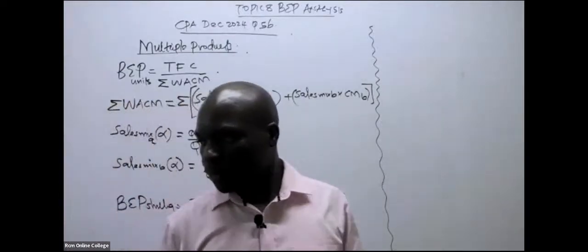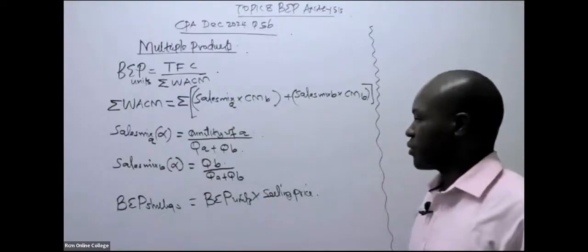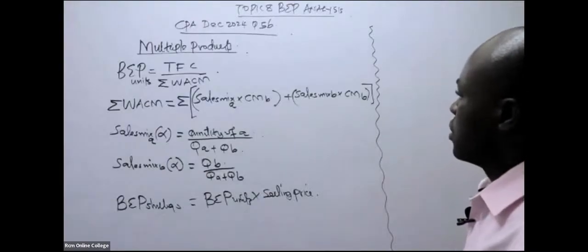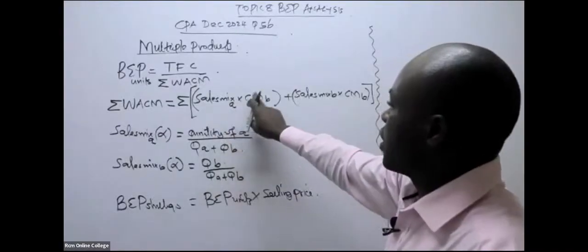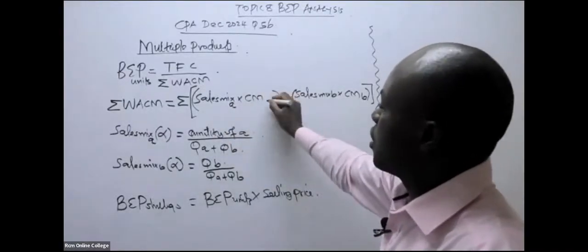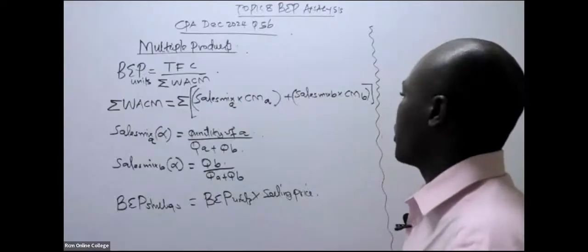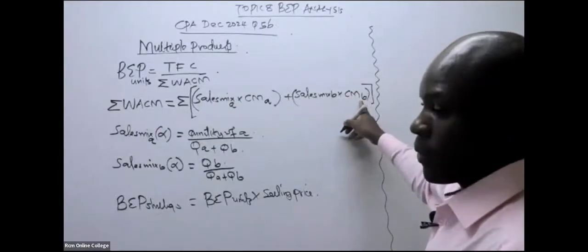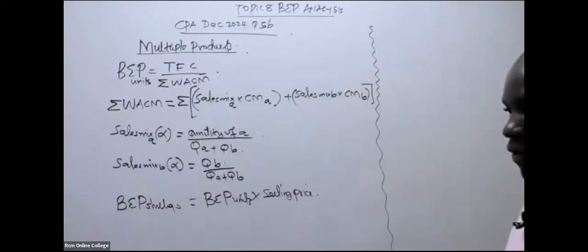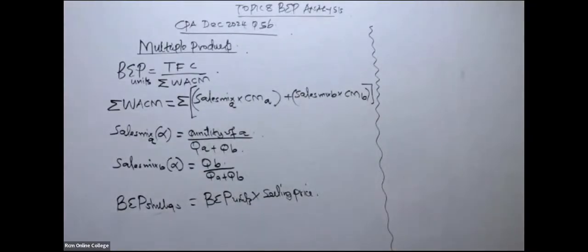Good. Sales mix ratio of A, contribution margin of A. Sales mix ratio of B, contribution margin of B.